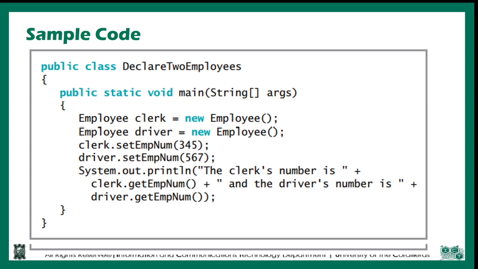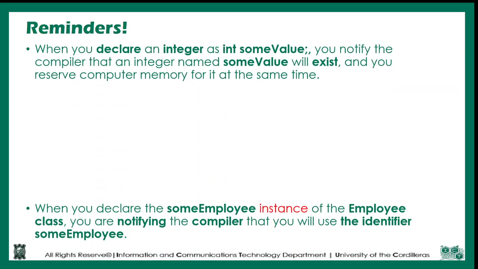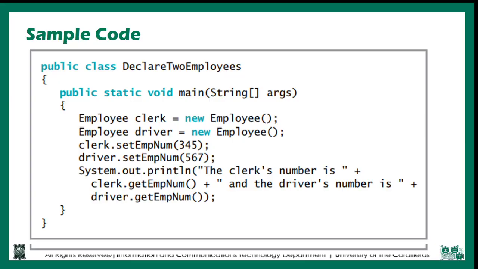This class here, this is where the main method is inserted. And inside the main method is where we instantiated two different objects, meaning two different employee types. One is a clerk and one is a driver.